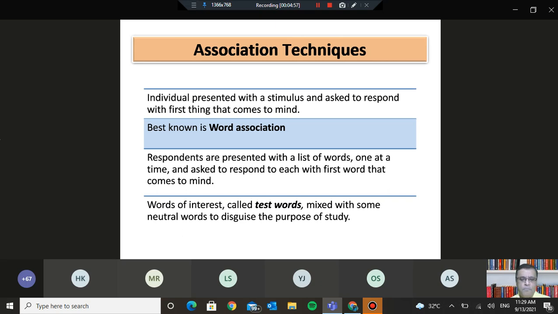So when you are reading out these words, the person comes out with the first word that comes to the mind of that individual. You note down those words which are being shared by those subjects, and based upon that we interpret. For example, we may interpret that from the point of view of a particular segment of the market.